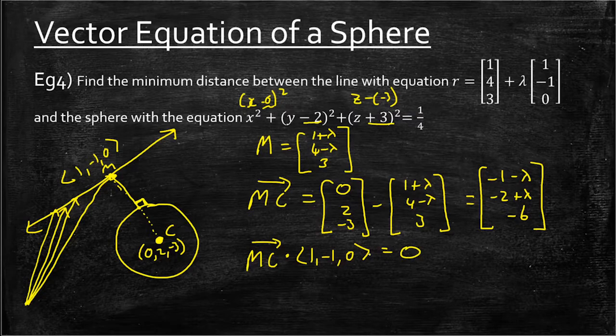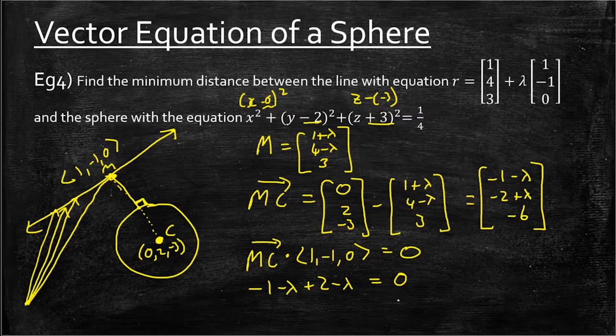So when we take the dot product, 1 times minus 1 minus lambda is minus 1 minus lambda. Minus 1 times minus 2 plus lambda is plus 2 minus lambda. And then 0 times negative 6 is 0, and that's all got to equal 0.